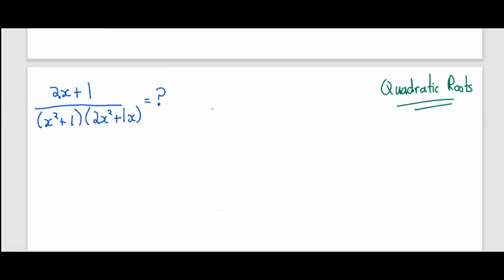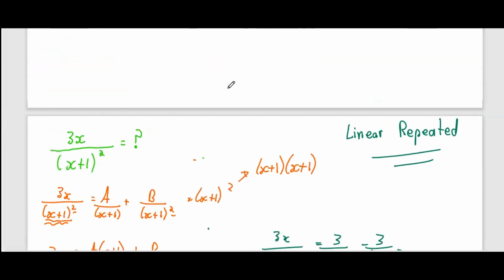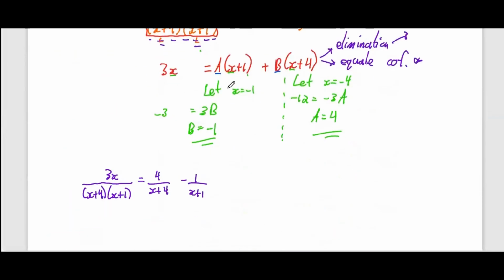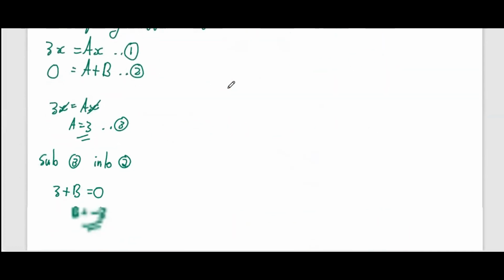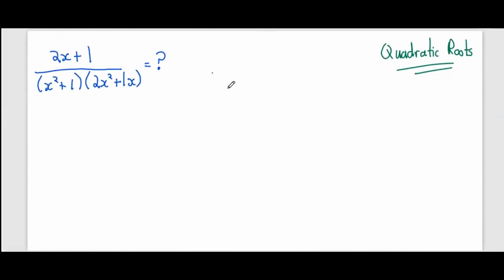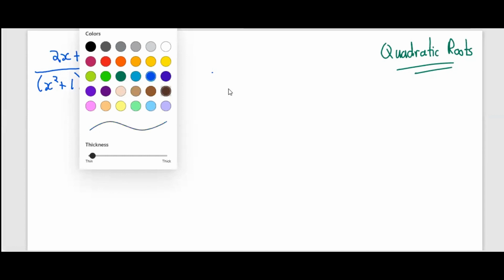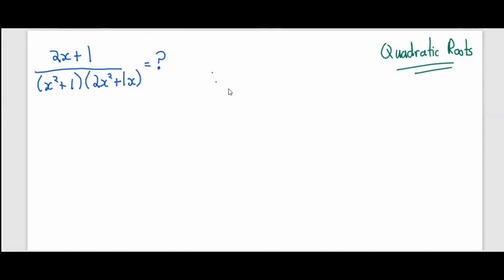All right, let's try a question. So far we did the linear and the linear repeated. Now we're going to do the quadratic, with the same steps. The numerator we won't care about for now. The denominator, looking at it, is fully factorized, meaning I can't go any further than these.